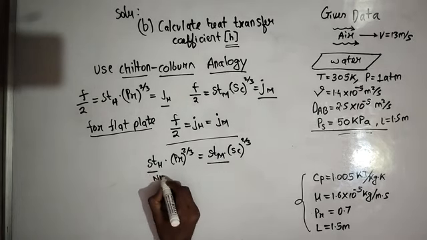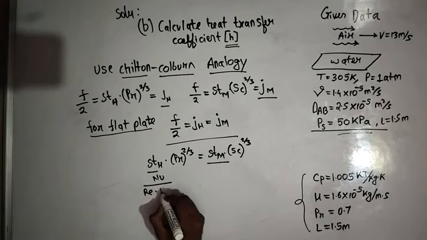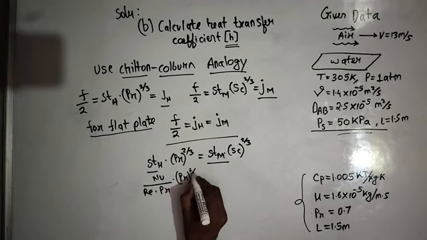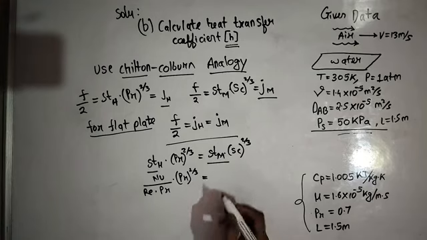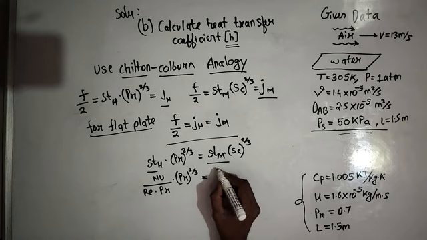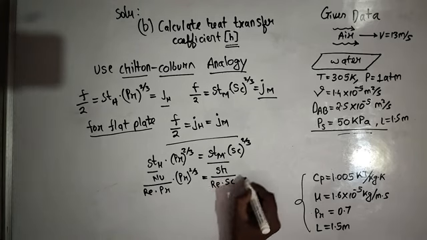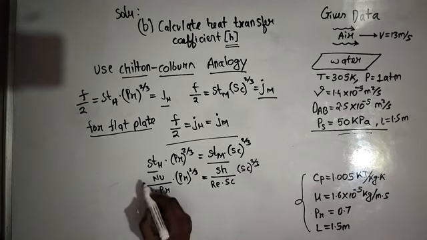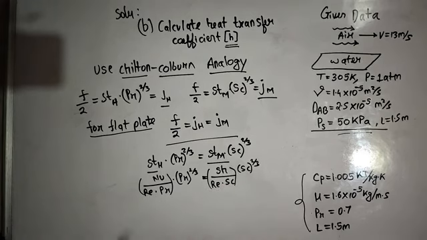So it is given as Nusselt number upon Reynolds number into Prandtl number to the power 2 by 3. And for Stanton number for mass transfer, we can write it as Sherwood number upon Reynolds number into Schmidt number to the power 2 by 3.